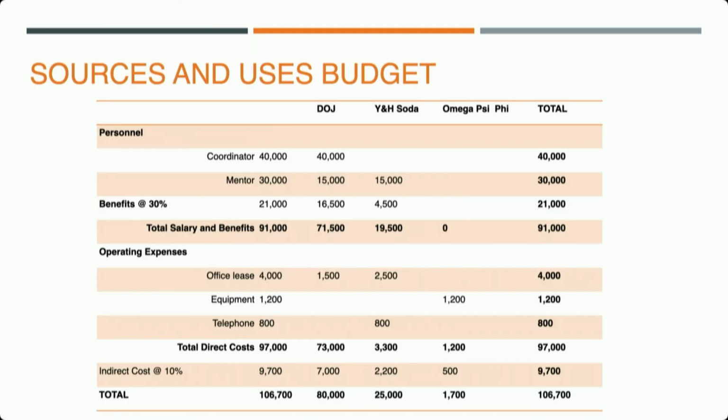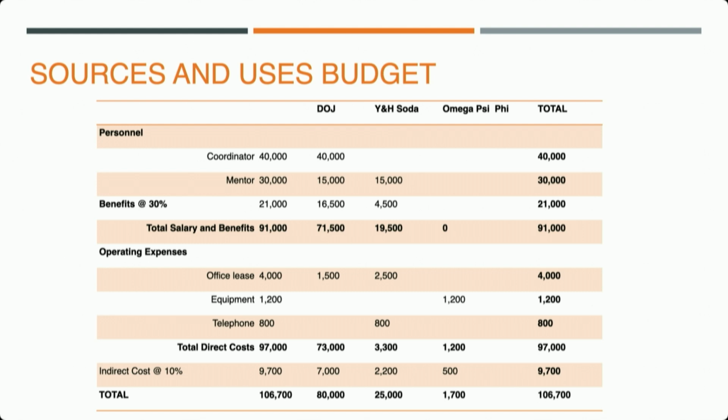Now, this is what the sources and uses budget looks like. And here's the difference. The sources and uses budget identifies all the same line items and all the same funders, but it also tells you to what source each line item is charged. That's the difference, and this is really important to note.